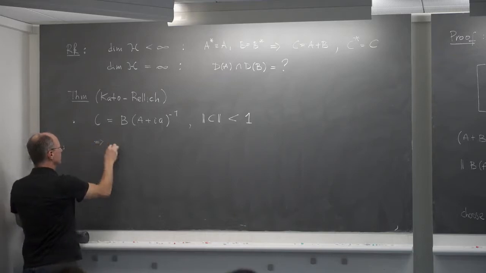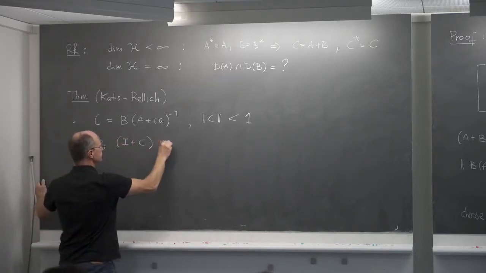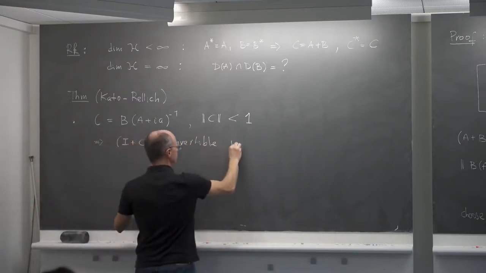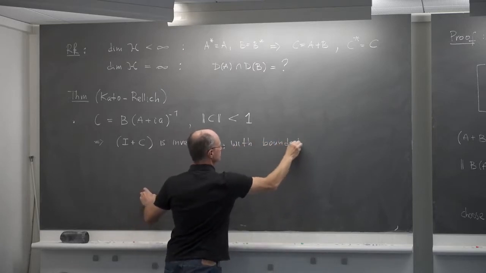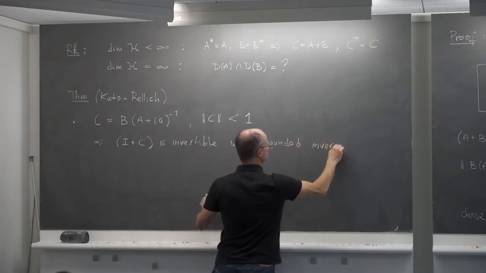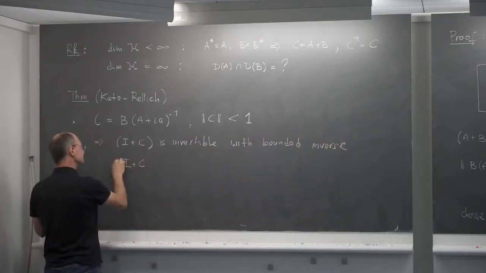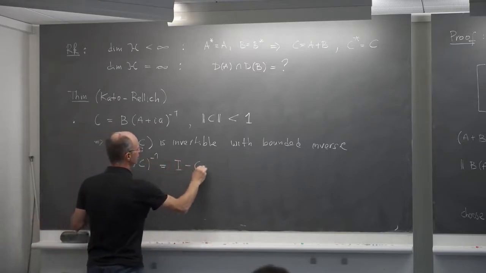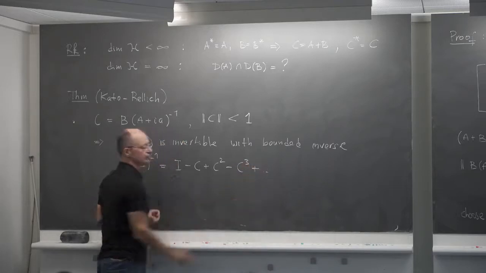So then I claim that the operator 1 plus C is invertible with bounded inverse, which is simply given by 1 minus C plus C squared minus C cubed plus so on.